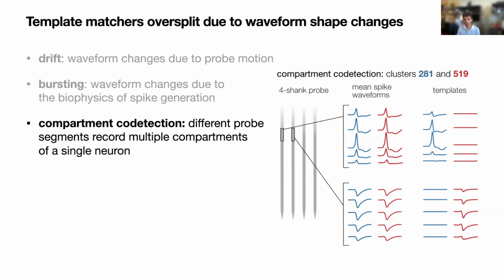So here we see the first shank seems to be picking up the dendritic spike of this neuron, and the second shank seems to be picking up the somatic spike. And because template matchers cannot learn templates that aren't spatially contiguous, they have to split this into multiple neurons.